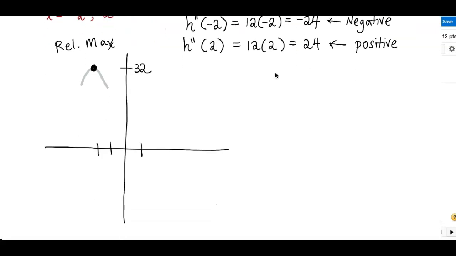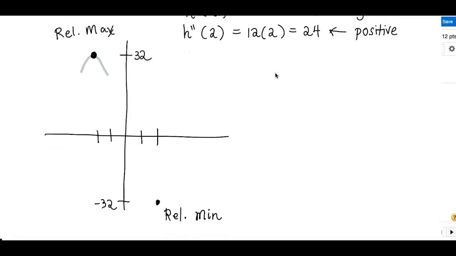I'll just say this is negative 32. But this point right here is a relative minimum, which means the graph should look something like this. And I'm just going to connect them, okay? I'll just connect these dots here.